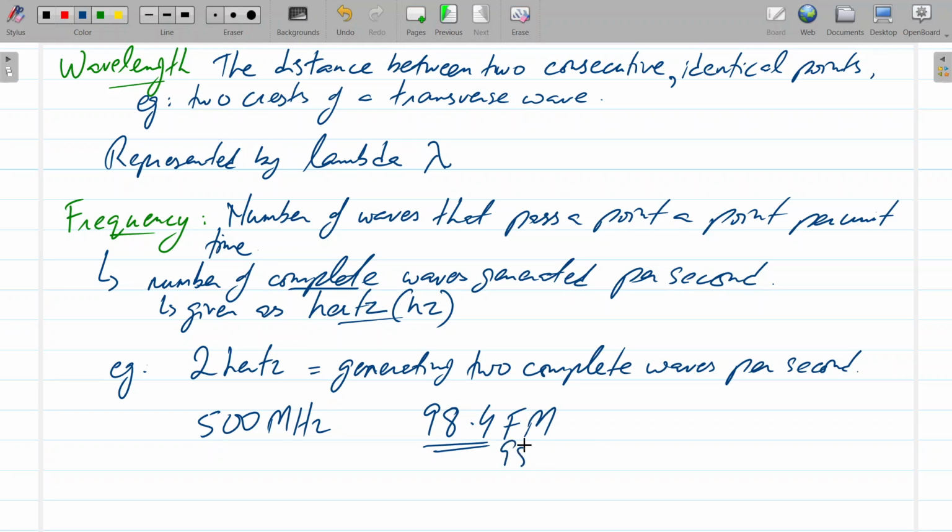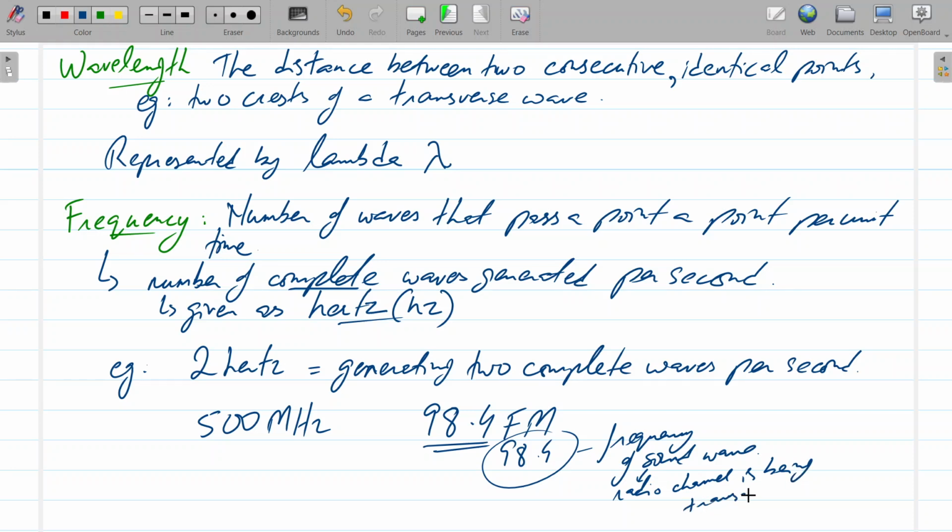So that's 98.4 hertz or megahertz or kilohertz or whatever it is. That is the frequency at which the radio channel, well, actually the radio wave, not the sound wave, is being transmitted. So radio wave basically.